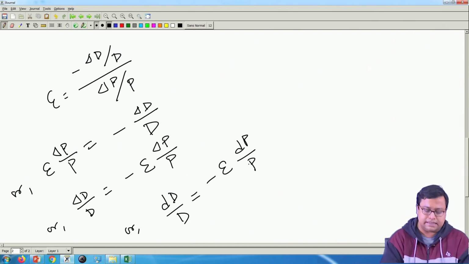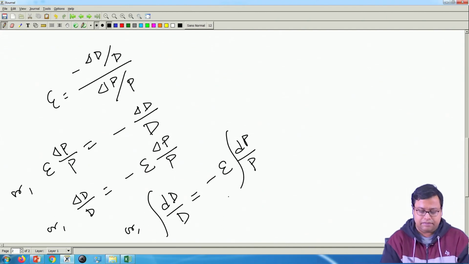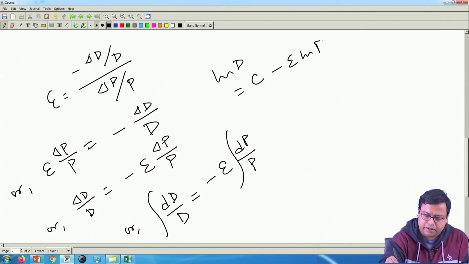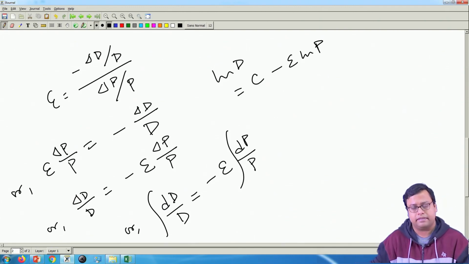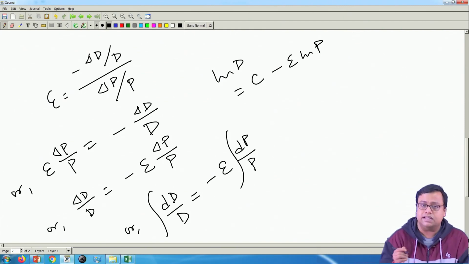If I write this and then do an integration on both sides, I will get basically log of d is equal to some constant minus E into log of p. Am I fair enough? I assume that constant to be 0.